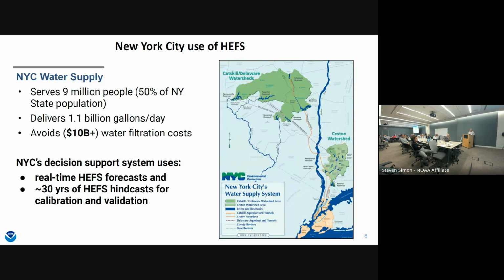Another sophisticated user is New York City. Their water supply is called the Department of Environmental Protection. The next talk is more about this. Let's just say, as you'd expect, it's a big water supply, and they use real-time HEFS forecasts, and they use 30 years of HEFS hindcasts for calibrating and validating their decision support tool, which I call the operational support tool, I think.